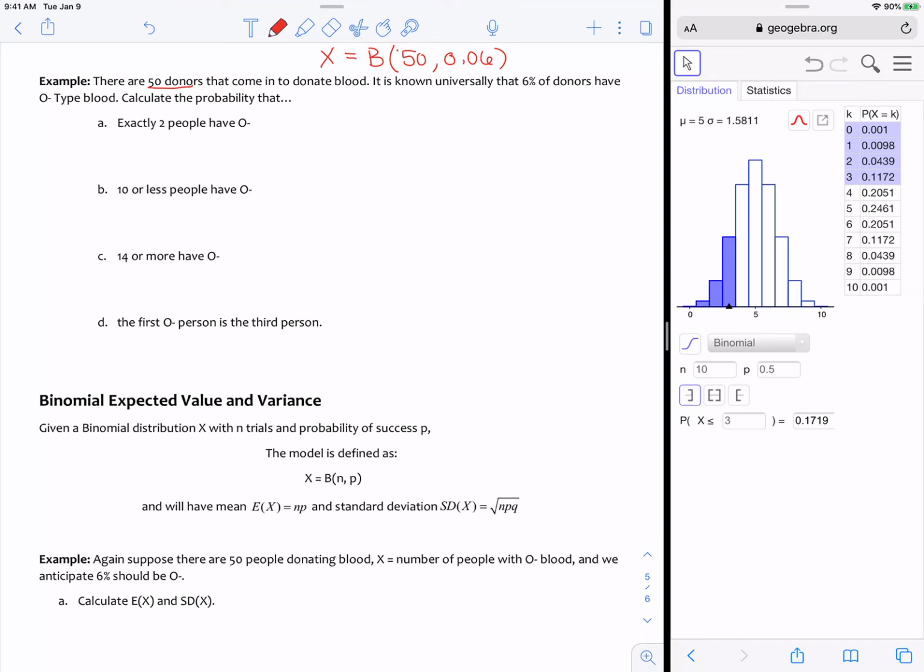To say that it's binomial, we are assuming that we have a fixed probability of success equal to 0.06, and that we have only 2 possibilities: either they have O negative blood or they don't. So we're just looking at the complementary pairs here. We also want to make sure that we have independence or pseudo-independence.